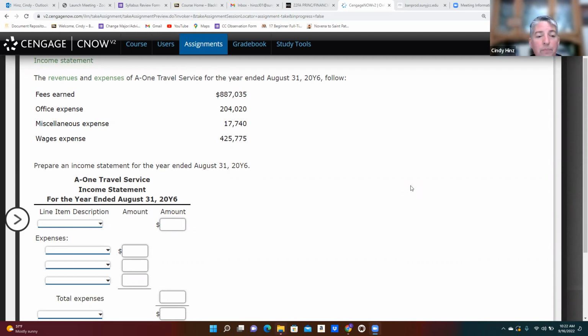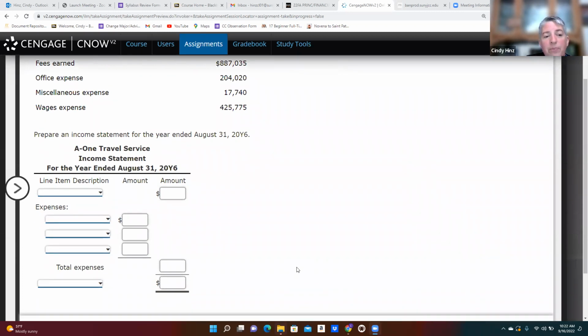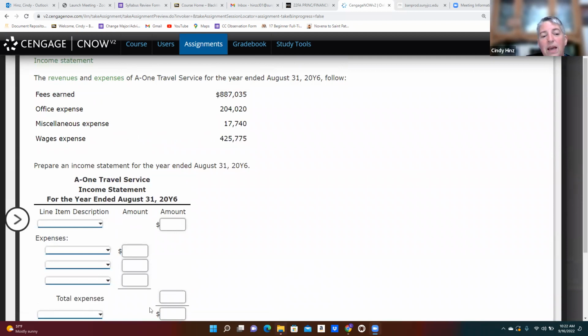So for now, for this exam, we're still looking at what's called the simple income statement, where we list our revenues, we list and total our expenses, and then we subtract to find our net income or net loss. So this is pretty straightforward.